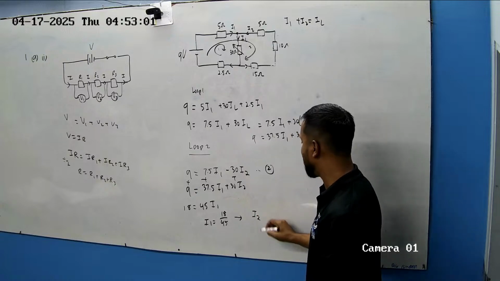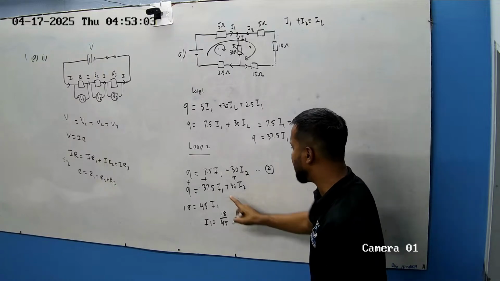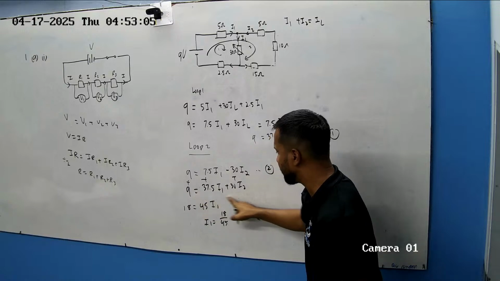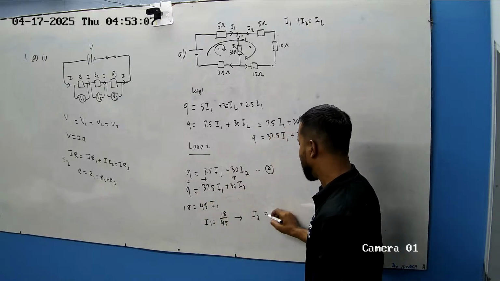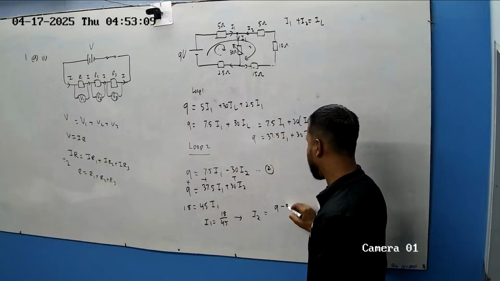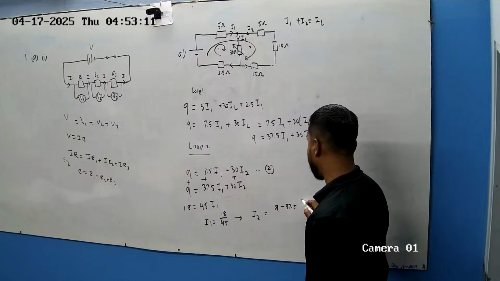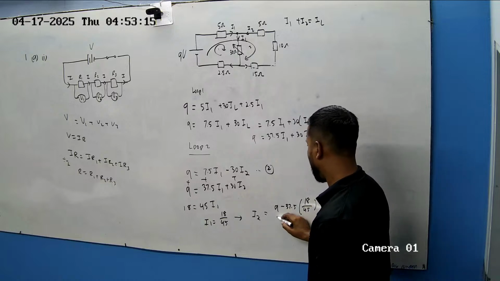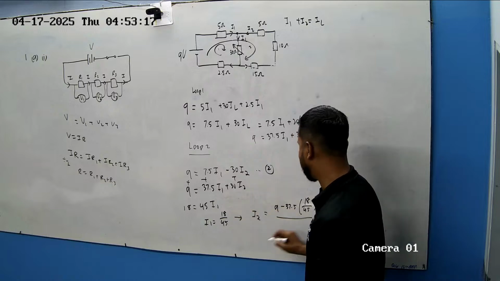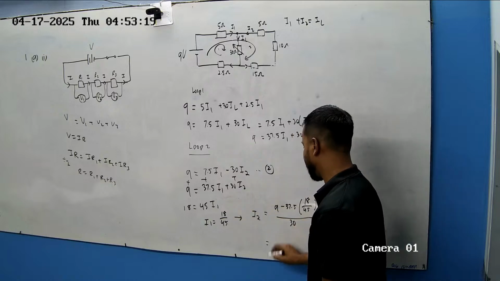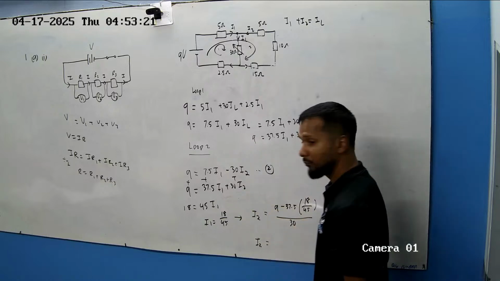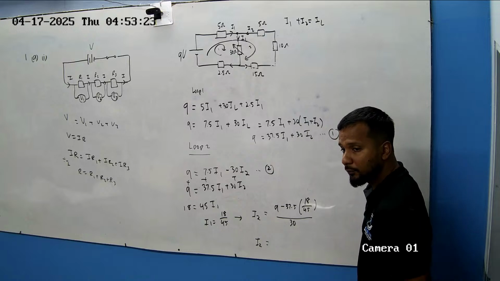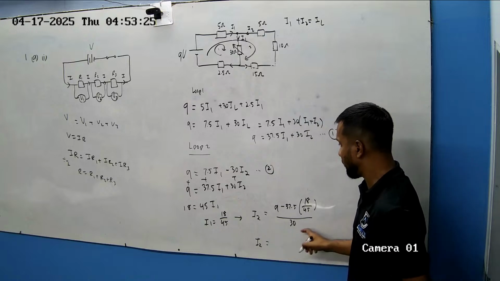So I2 is equal to, plug it in here now. Tell me what you get. I2 will be 9 minus 37.5 times 18 over 45, all over 30.